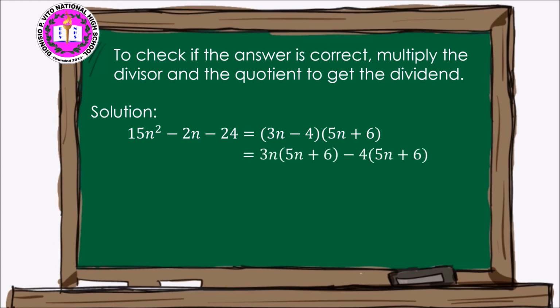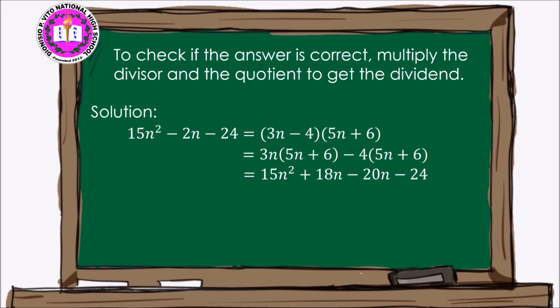So we have 3n times 5n plus 6 minus 4 times 5n plus 6, which is equal to 3n times 5n is equal to 15n squared. Then 3n times 6 is equal to 18n. The negative 4 times 5n is equal to negative 20n. The negative 4 times positive 6 is equal to negative 24. Then we're going to combine the similar terms.